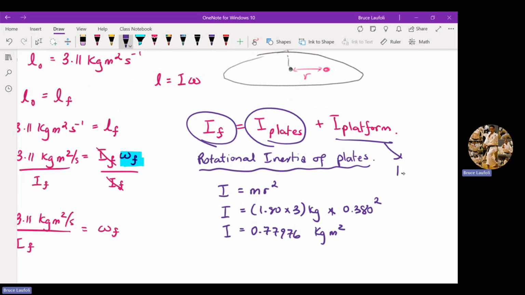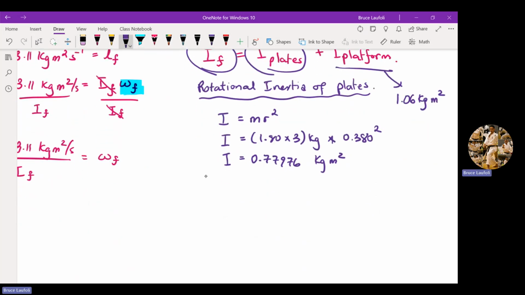They said that the rotational inertia of the platform was 1.06, I believe, kg m squared. So I final should equal 0.77976 plus 1.06, which gives us 1.83976 kg m squared.